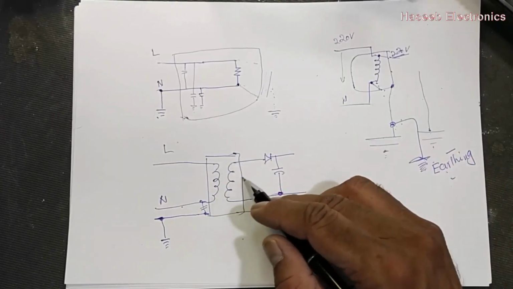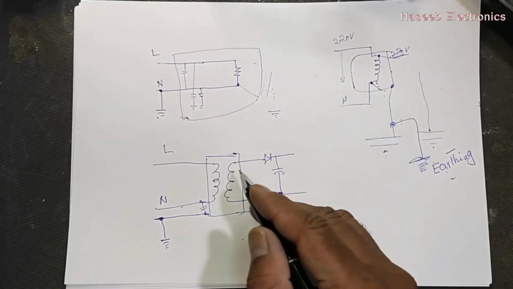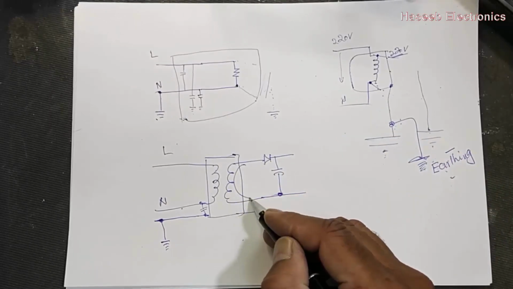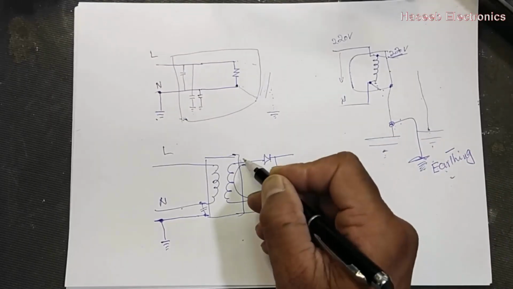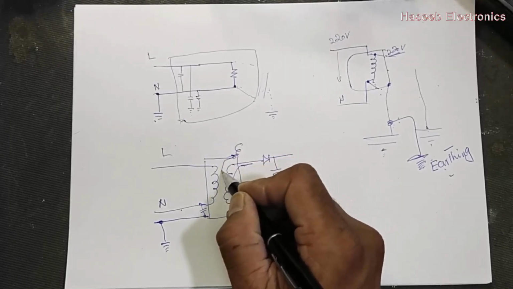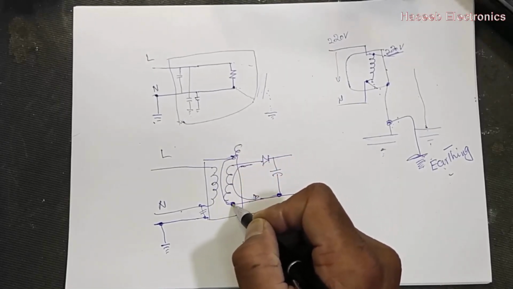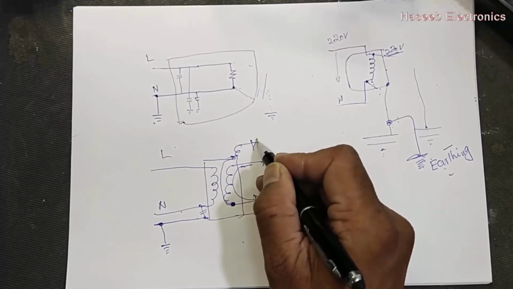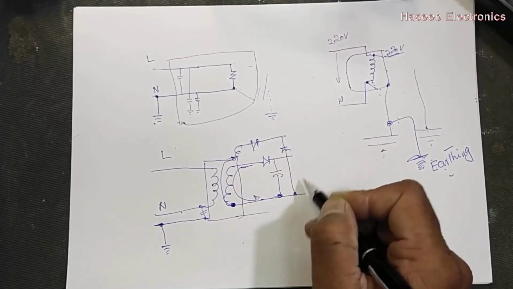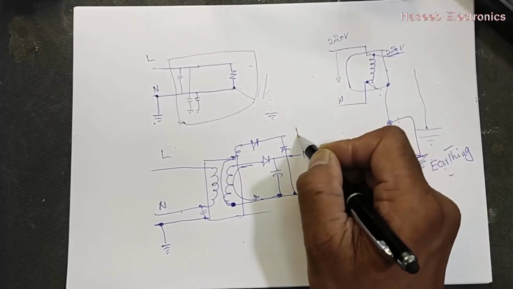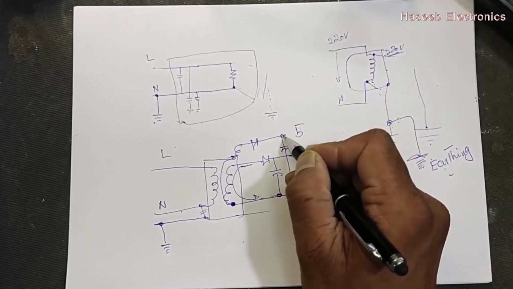But on the output side, we have only this current flow path. Either it is a neutral point, we have another winding that is connected with one end to the same point, and we have taken 5 volt. Here I am taking 12 volt, here I am taking 5 volt.